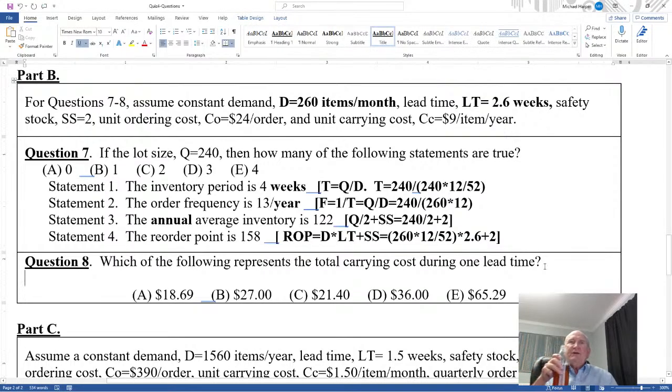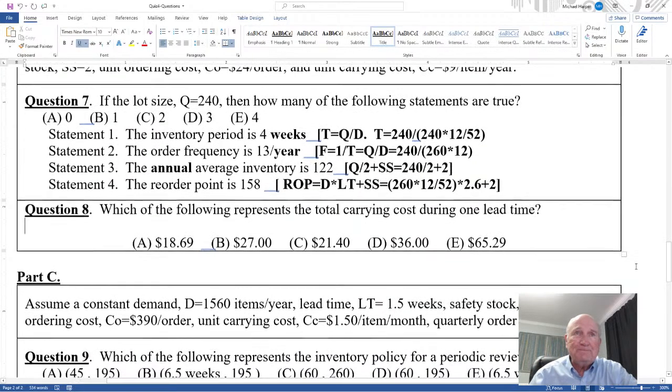Which of the following represents the total carrying cost during one lead time? This can be very valuable in analysis.